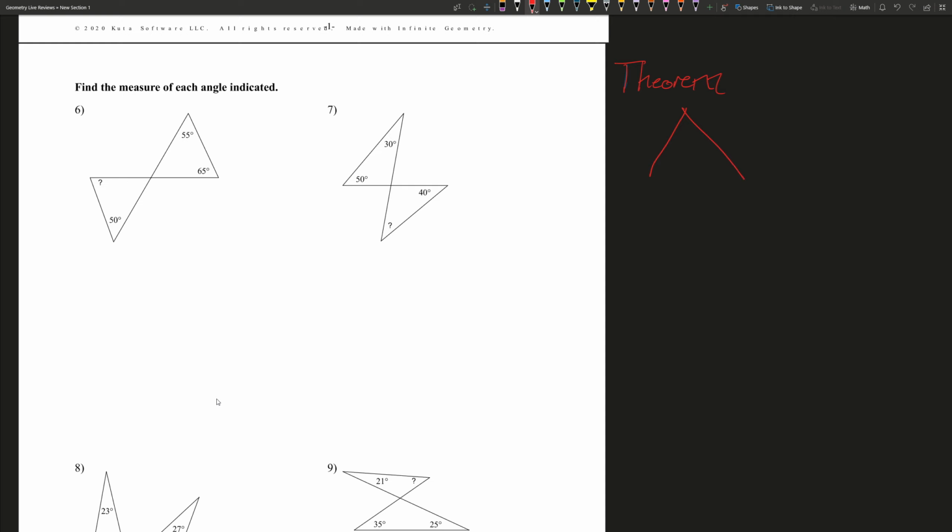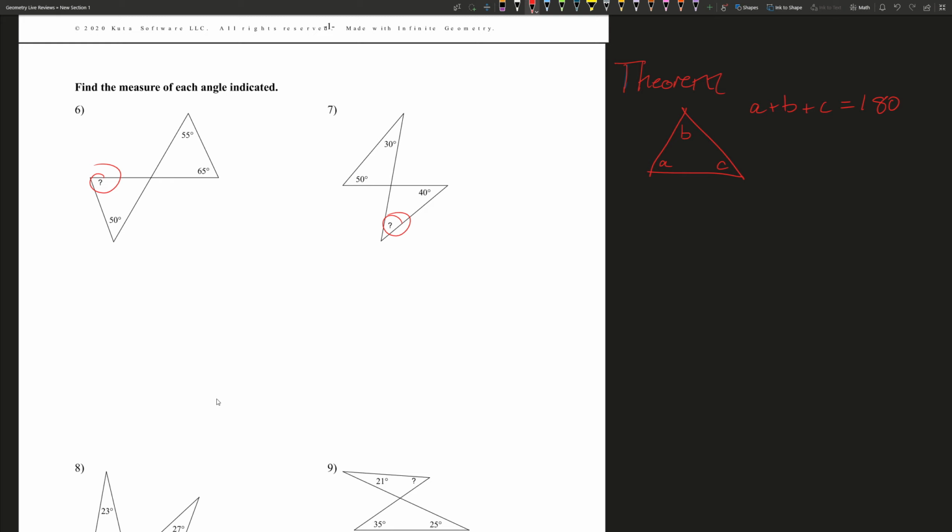So if we have a triangle with angles A, B, and C, A plus B plus C will always equal 180. We have to use this theorem and our knowledge of vertical angles, right angles, and linear pairs in order to solve for the question mark in each of the given triangles.